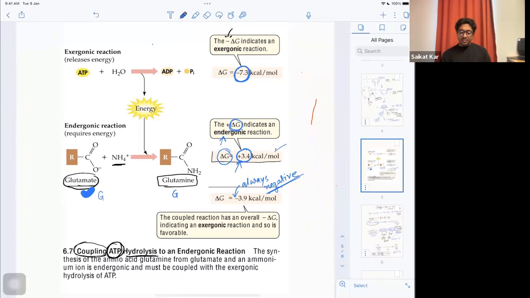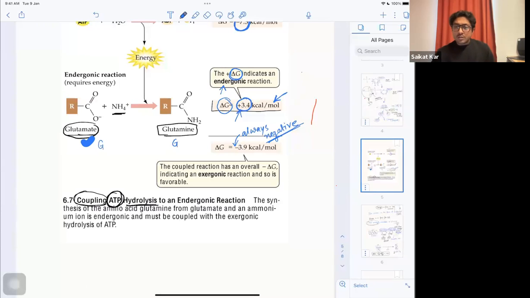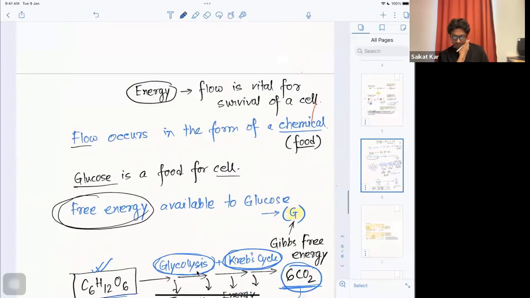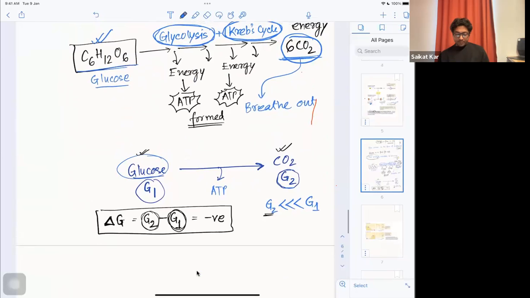Although in some reactions you'll find that there are positive del G. Okay, there is a question. Anish is asking why the difference between G1 and G2 is very big. Because glucose has so many chemical bonds, and when you are breaking down all these bonds, you are releasing a lot of energy.